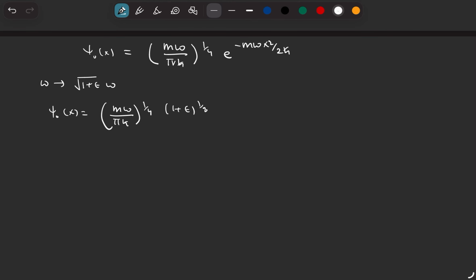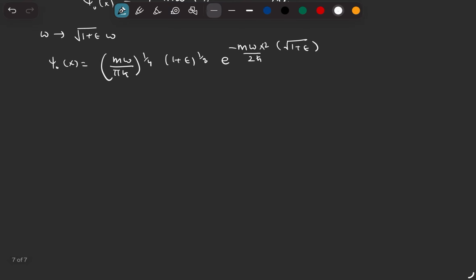So this is one thing, and in the exponential we have m omega x squared upon 2 h bar, and then we have the square root of 1 plus epsilon.